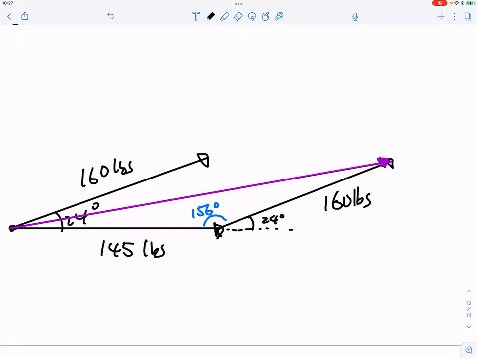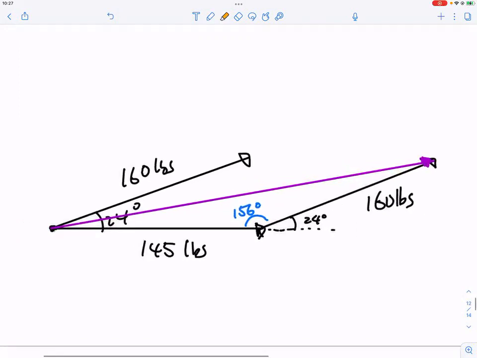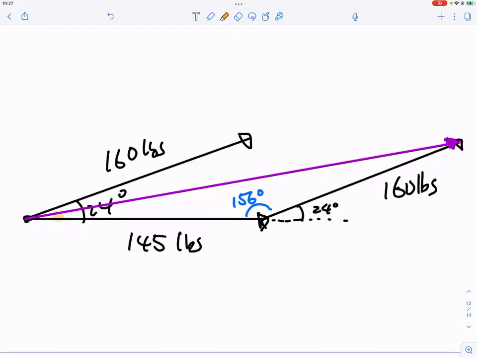Now I'm going to make a major disclaimer. When I was grading the last test, some students were looking at this angle. And you know what they assumed?